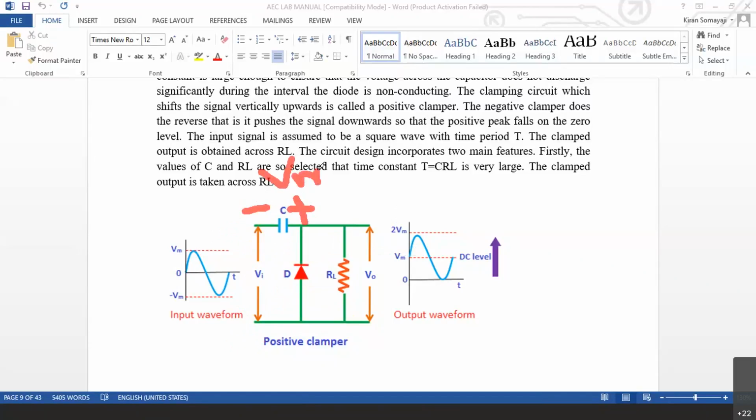Can anybody tell me why? The negative cycle moves towards the left and the positive cycle is going towards the right. Oh, that is fine. My question is, why does the capacitor get charged at the right hand side as plus and left hand side as minus? That is my question.